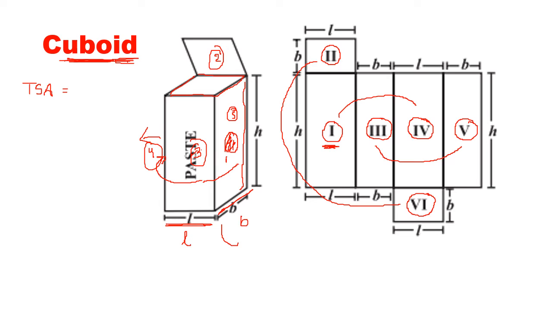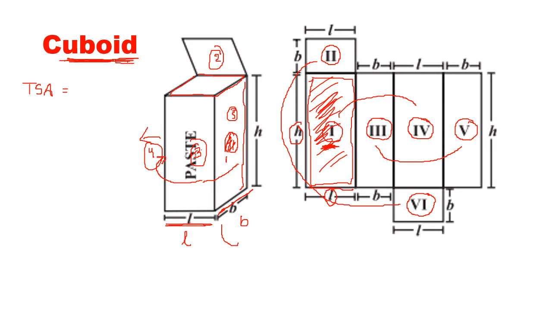Area 1 is in the form of a rectangle. The length is L and the height is H. So the area of this rectangle, surface 1, will be length into height. Actually, area of a rectangle is length into breadth, but here we have got length and the height.